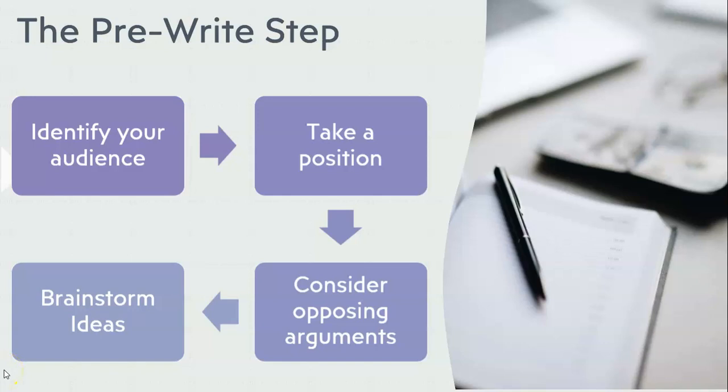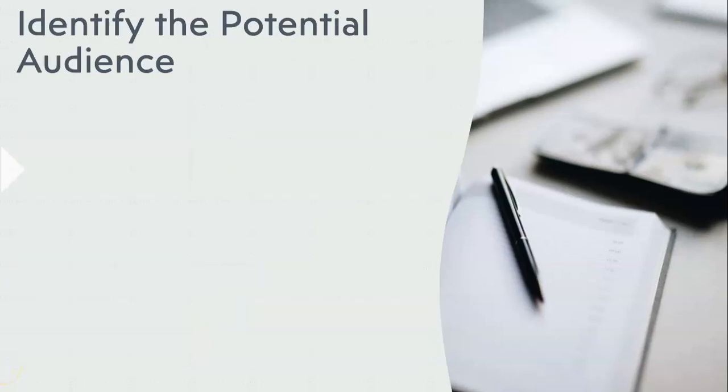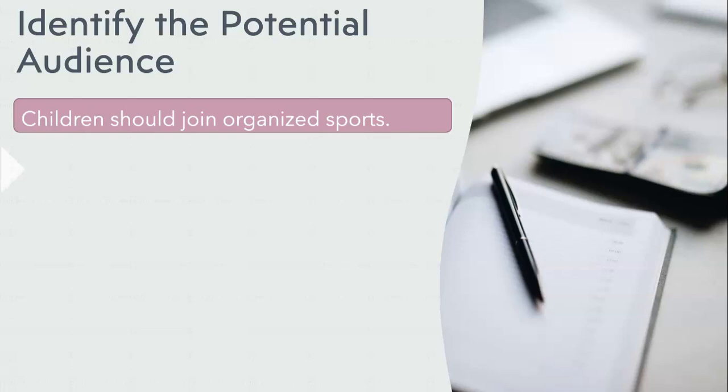All right, let's dive right in and see exactly how we're going to accomplish the identifying your audience portion of this. So the first thing we want to do is identify the potential audience. To do this, I'm going to give you guys a prompt to consider. I want you guys to consider that we have chosen the position that children should join organized sports, whether that be from the Parks and Rec League or whether that be organized sports through a school organization. Something to that effect.